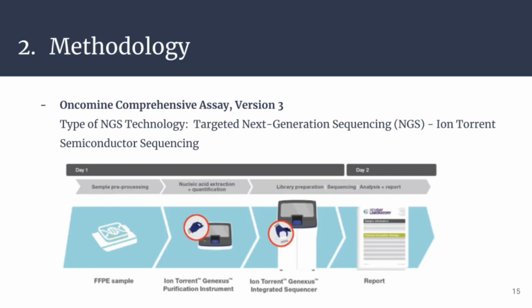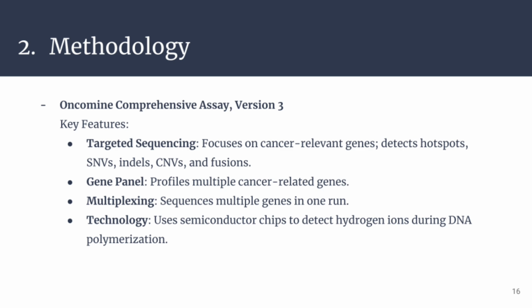The Oncomine Comprehensive Assay version 3 is one type of targeted next-generation sequencing, Ion Torrent semiconductor sequencing. Its key features include targeted sequencing, focus on a specific set of cancer-relevant genes, and detection of hotspots, SNVs, indels, CNVs, and gene fusions.